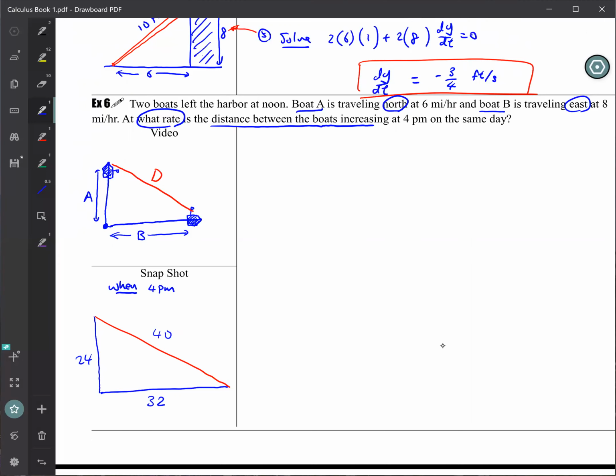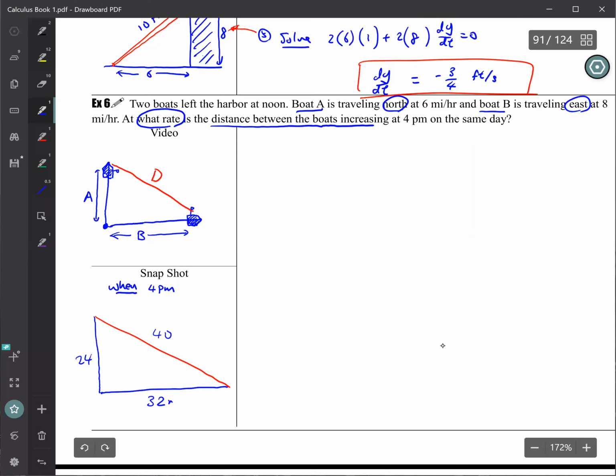Anyone have questions about how those numbers are found? Okay, we started at 12 noon, 12 p.m. goes for 4 hours. So then you use the 4 hours to find the distance they travel.